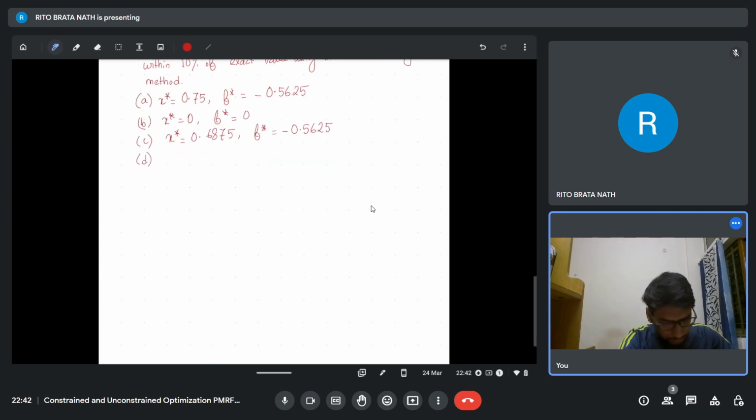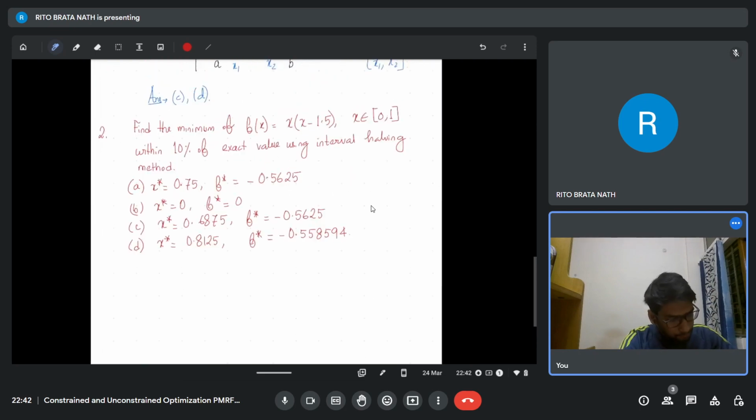Option D is x star equals 0.8125 and f star is minus 0.558594. Okay, so let me solve this problem now.